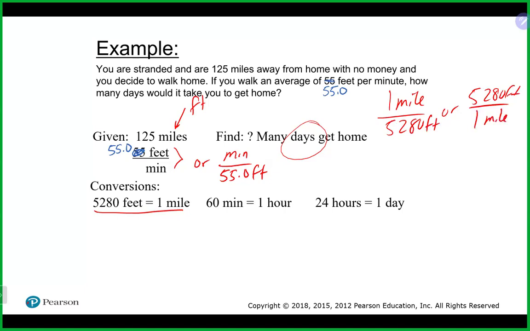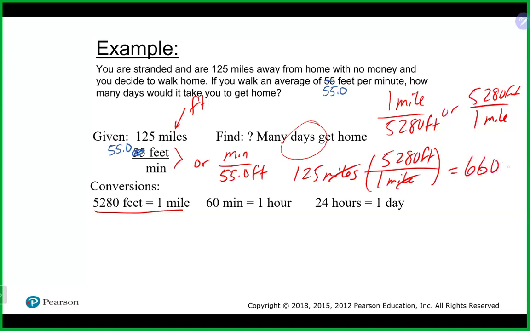So we'll take our 125 miles. We're going to put miles in the opposite location, which will be on the bottom there. And that's going to be 1 mile is 5,280 feet. Miles will cancel. Going to give us something like 125 times 5,280 feet, 660,000 feet.